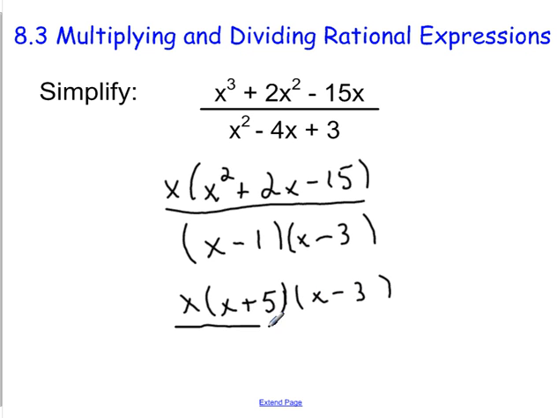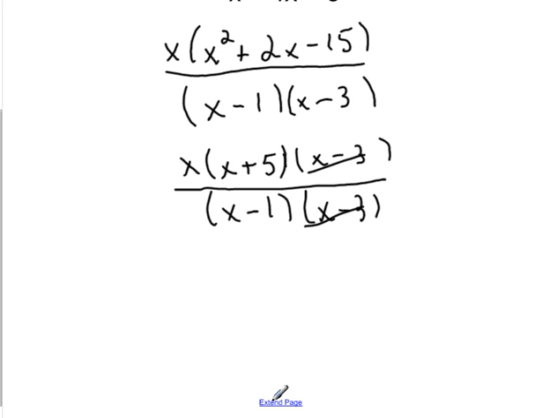And then the bottom is going to be just like it was, x minus 1, x minus 3. So to simplify it, we have an x minus 3 on top, x minus 3 on bottom. Those can cancel out. So simplified, the answer is going to be x times x plus 5 over x minus 1. And that's it.